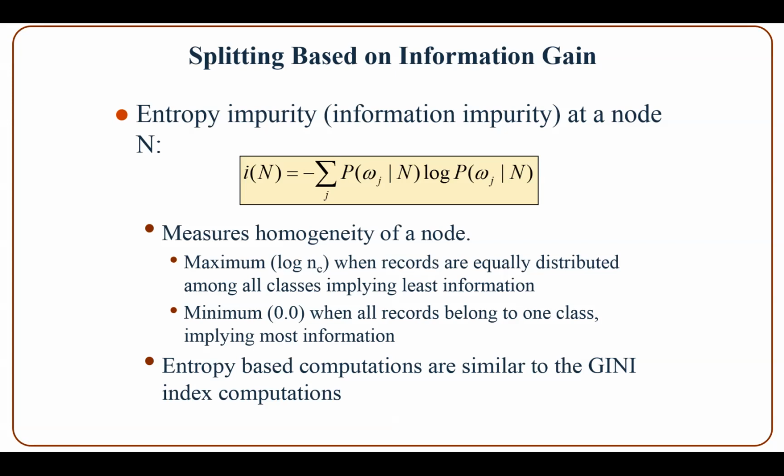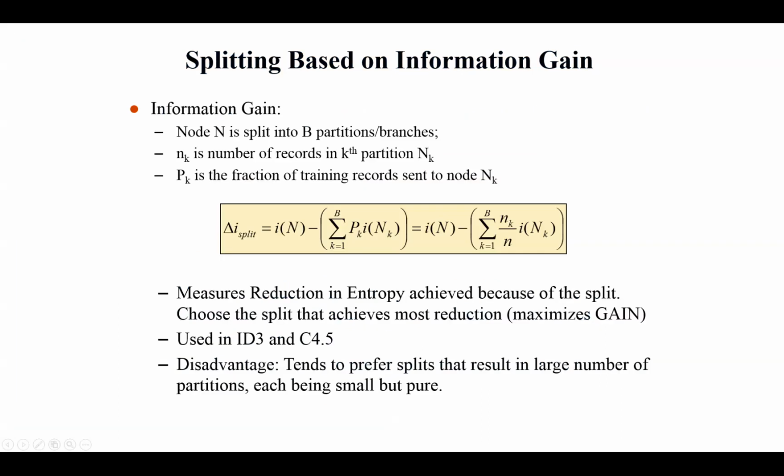The computations are very similar as with Gini index. Information gain is defined as the impurity at node n, or the entropy at node n, minus the sum for B branches of pk times the entropy at node nk, and pk is the fraction of training records sent to node nk, which is nk divided by n, and n is the number of records before split.